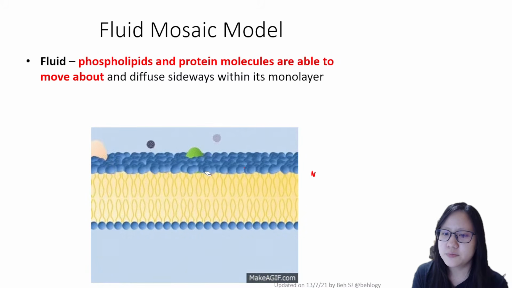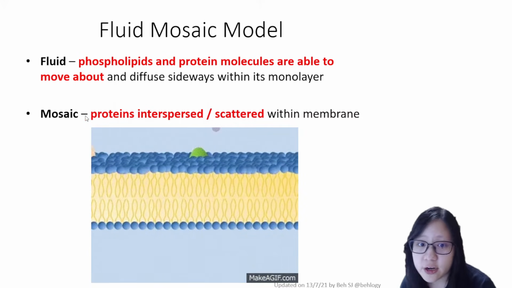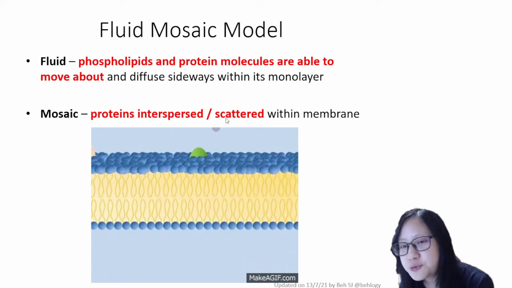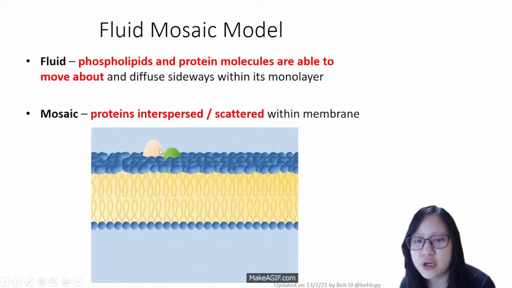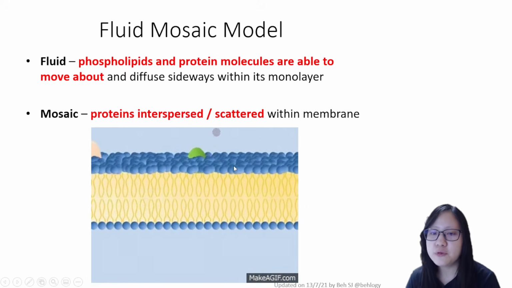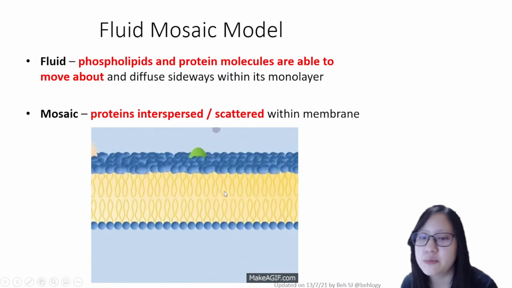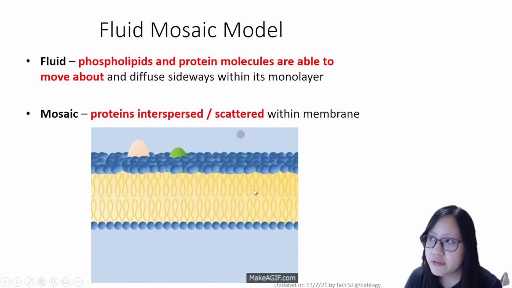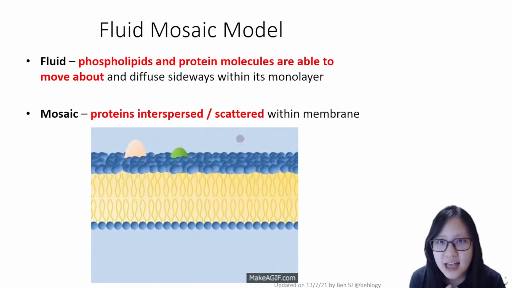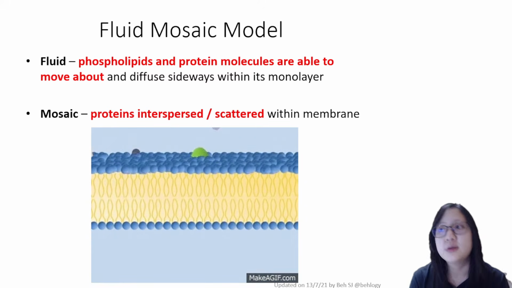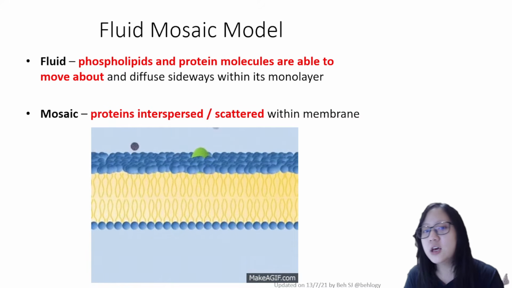Okay, what about mosaic? What does mosaic refer to? Mosaic refers to proteins interspersed or scattered within the membrane. And we can see the proteins represented here in this green blob and this white blob here. They're moving around, they're scattered around the membrane. Now, in a membrane, there are many different proteins. Therefore, if you look at the cell surface membrane using a scanning electron microscope, the 3D surface of the cell wouldn't be quite smooth.